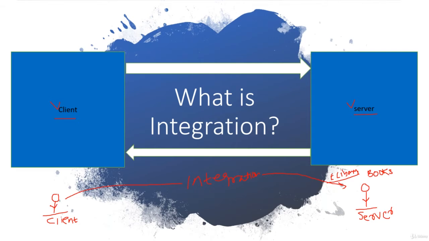To call or ask you, I need some kind of mechanism. My requirement is to get an integration book, but in the world there are so many persons who provide books. So how should I reach you? How will I communicate with you, where exactly are you, and in which way can I communicate? That kind of thing we need to understand.